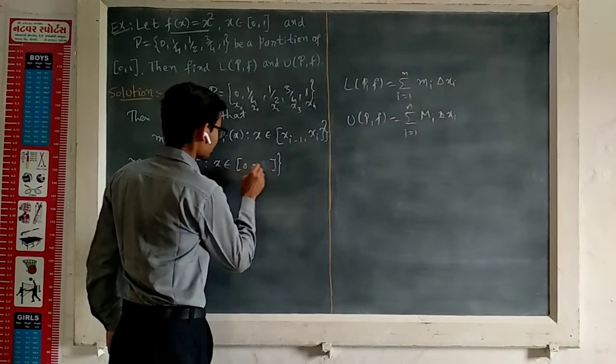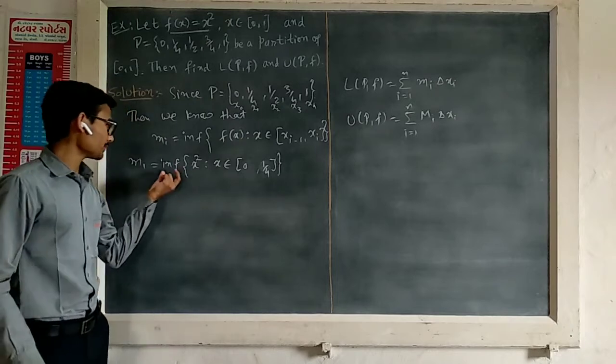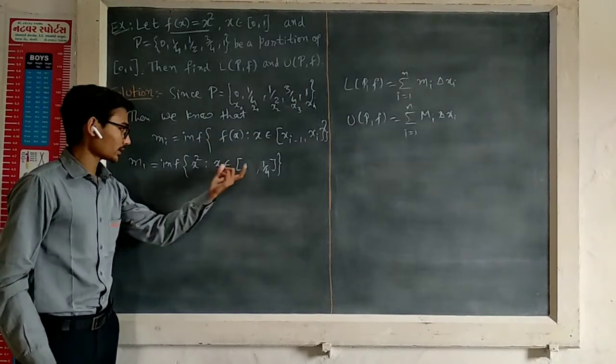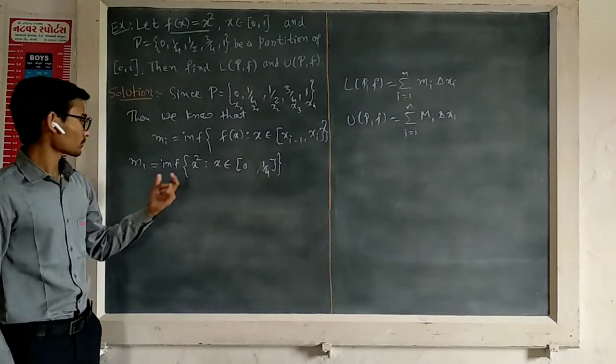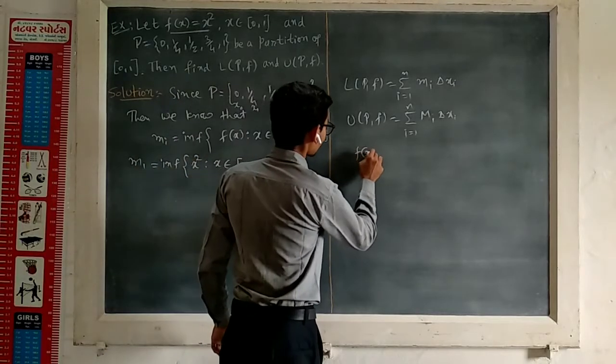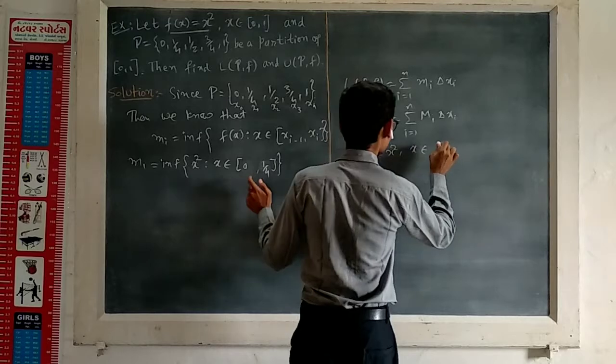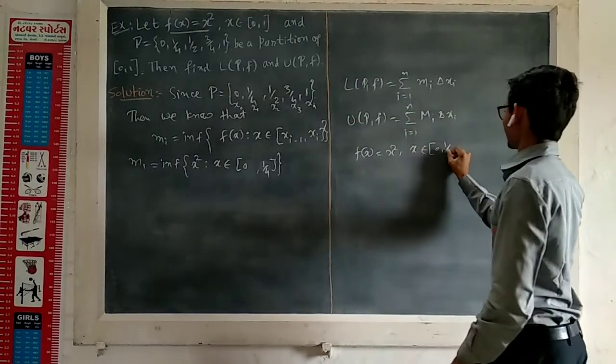The value of x0 is 0 and x1 is 1 by 4. So what is the infimum value of x square in this interval? For that you have to check whether x square is increasing or decreasing in this subinterval 0 to 1 by 4.